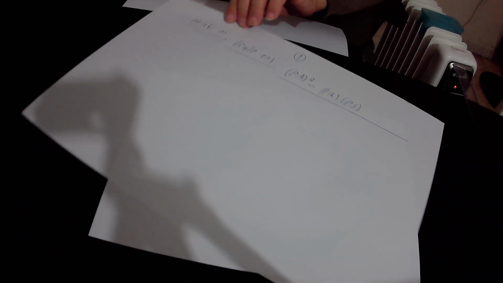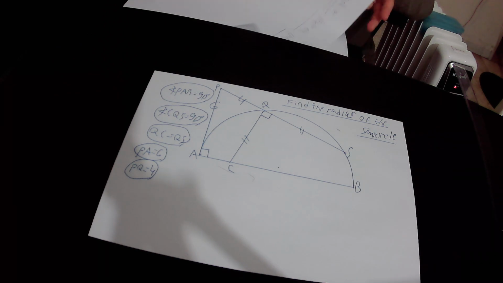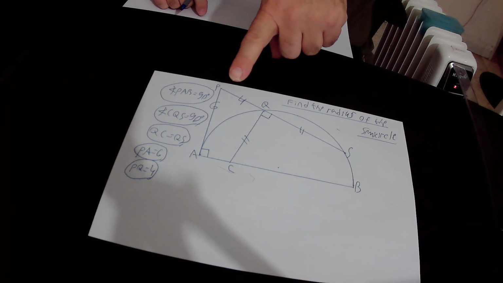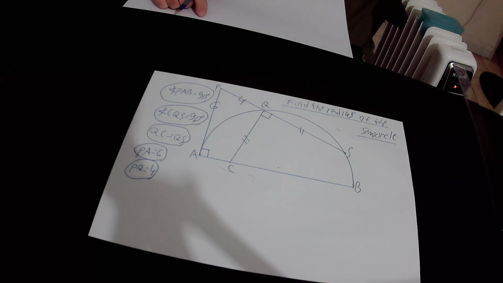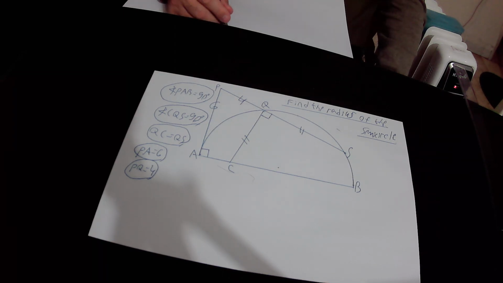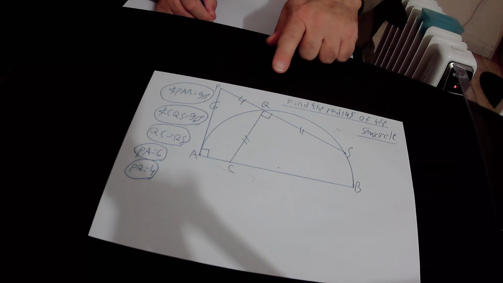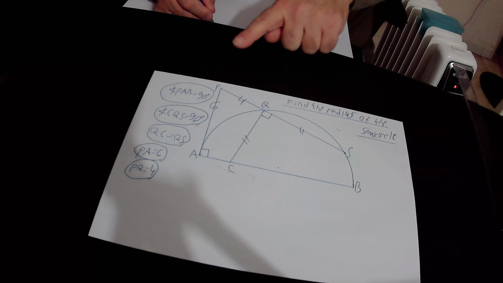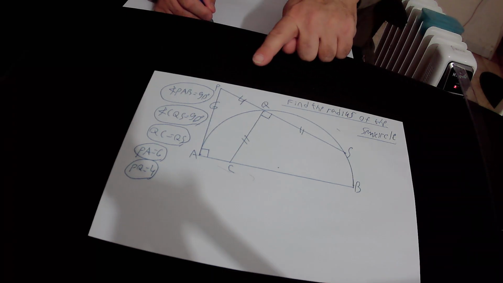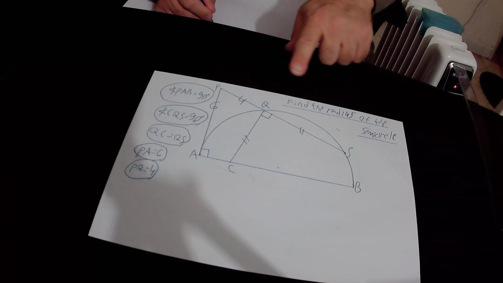Okay. PA equals 6, therefore PA squared is 6 squared, that is 36. And it equals PQ, PQ is 4, times PS. PS is 4 plus QS.